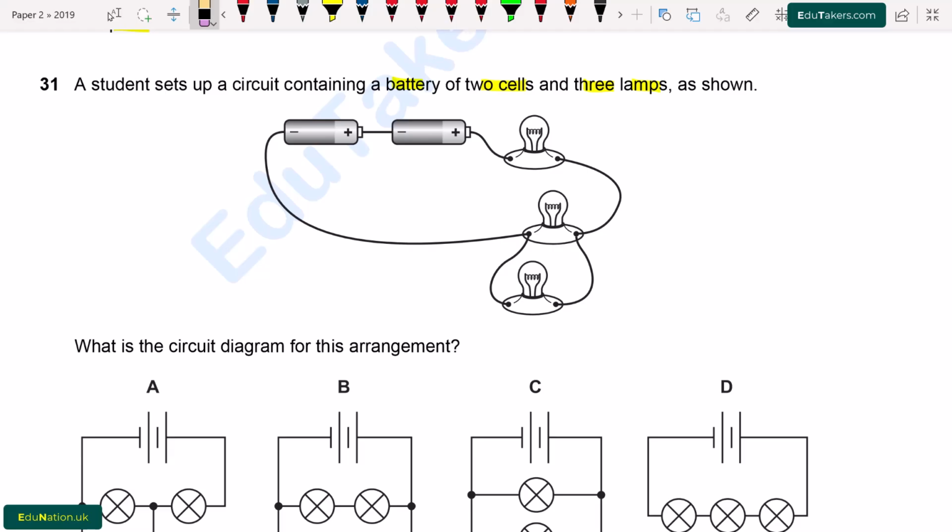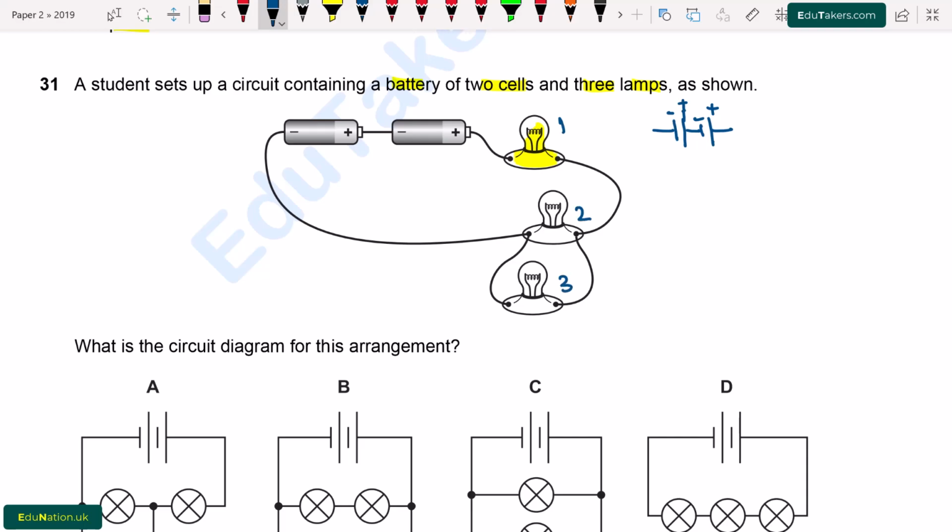In the circuit, they would be like that. This is negative, positive, negative, positive. Next, there is a lamp. I suppose these lamps are 1, 2 and 3.